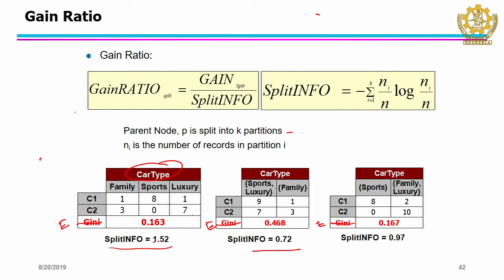Obviously, it has 3 parts. As I said, if you have many outcomes, split info will be more. Here it has 3, therefore split info is more, and here it has 2, so split info is less. So, then we divide by the much larger number. Then it will balance and decide which attribute we should take.